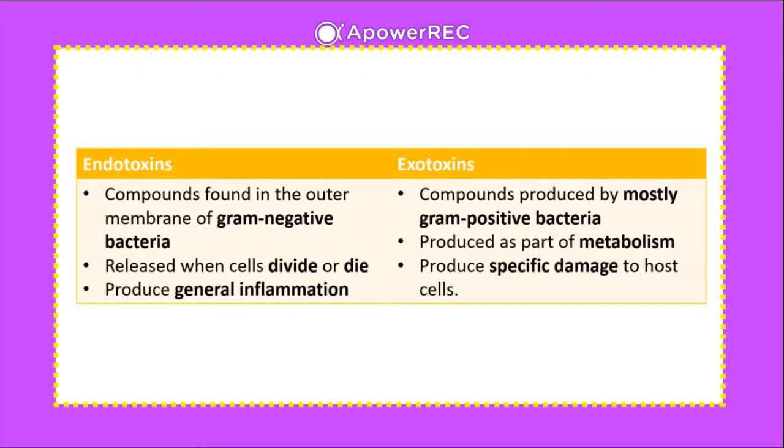When that cell dies or divides, they can get released from that microorganism, so a lot of people confuse that with being an exotoxin. But anything that's a component of the cell itself is an endotoxin. Exotoxins are much different. They're mostly produced by gram-positive bacteria as a part of their metabolism, and they produce specific damage to host cells, whereas endotoxins just cause general inflammation.